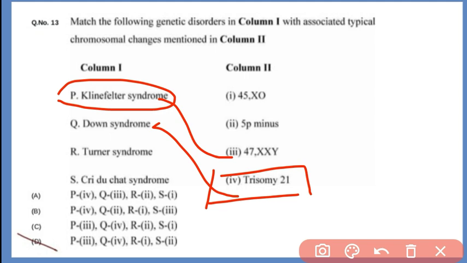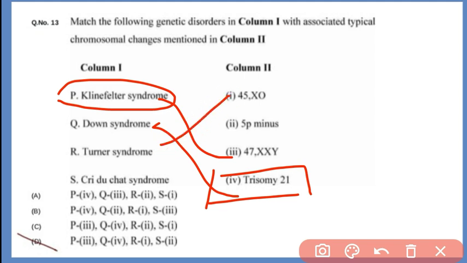Then Turner syndrome. Turner syndrome, also known as 45X or 45XO, is a genetic condition in which a female is partially or completely missing an X chromosome. Symptoms are a short webbed neck and swollen hands. So Turner syndrome, 45XO.